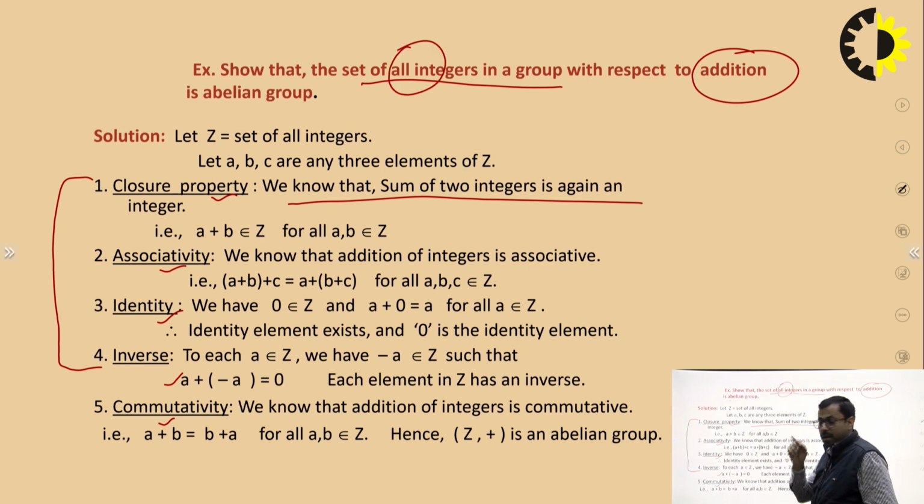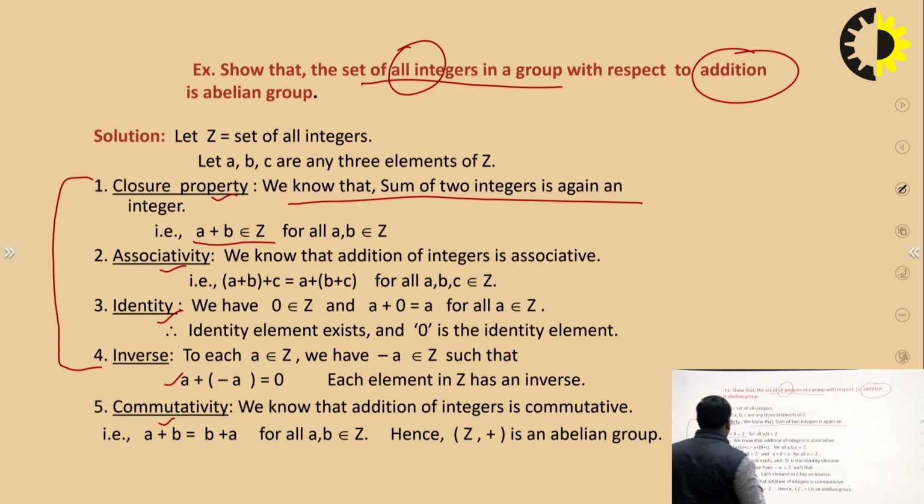If we only used non-zero or only positive integers, the scenario would change. But here the non-empty set contains all integers, positive and negative, and also 0. So after adding two integers, the resultant value will also be an integer, that is, a plus b belongs to Z.